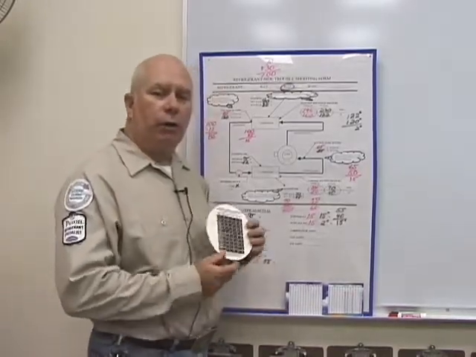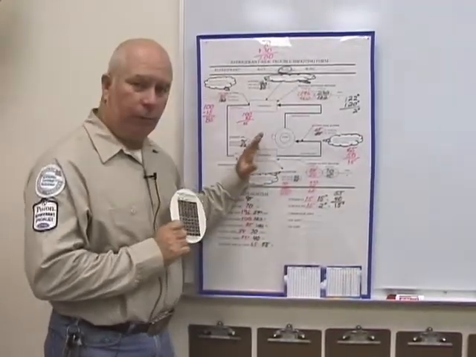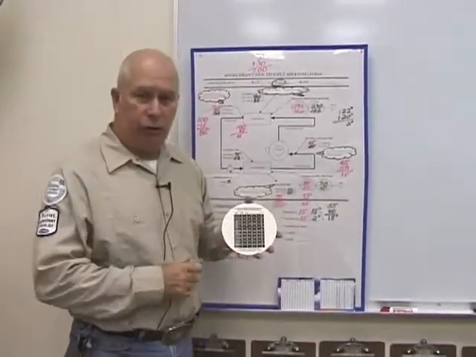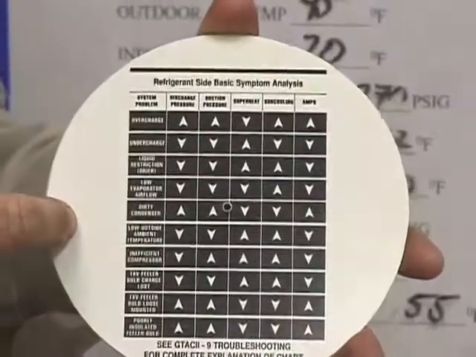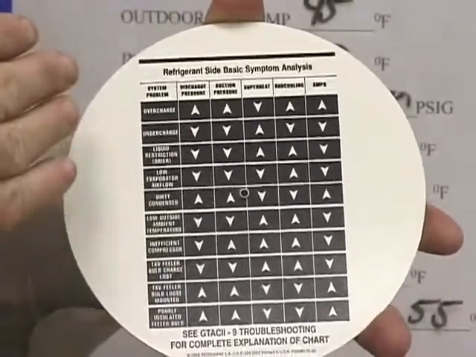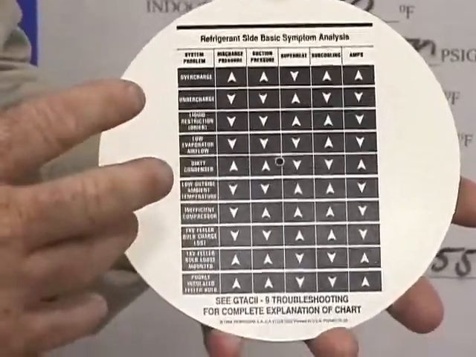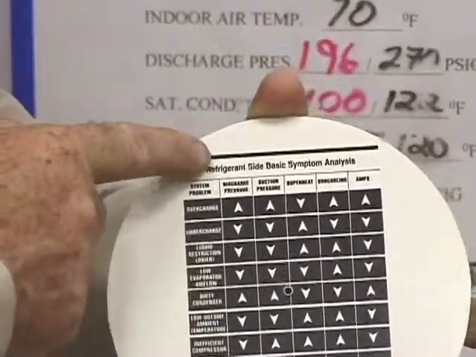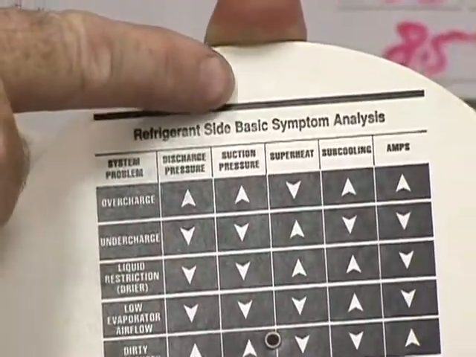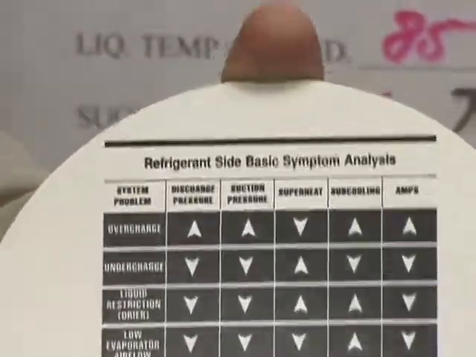Today, we're going to work in conjunction with this form and the troubleshooting chart. Now, you should have got this over at the bookstore. It's an easy, quick reference guide to troubleshooting. At the top, you'll see the refrigeration-side basic symptoms analysis. All right.